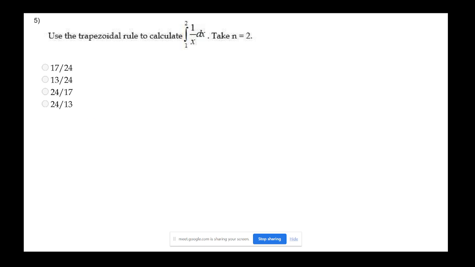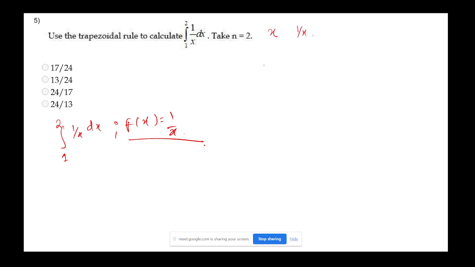use the trapezoidal rule to calculate the integration from 1 to 2 of 1 by x dx. So here f(x) is nothing but 1 by x. So you need to prepare a table of x and 1 by x.